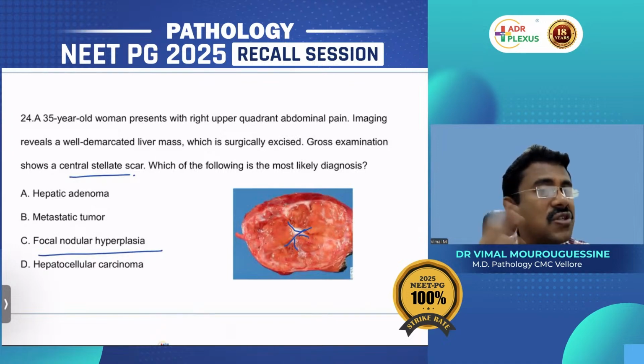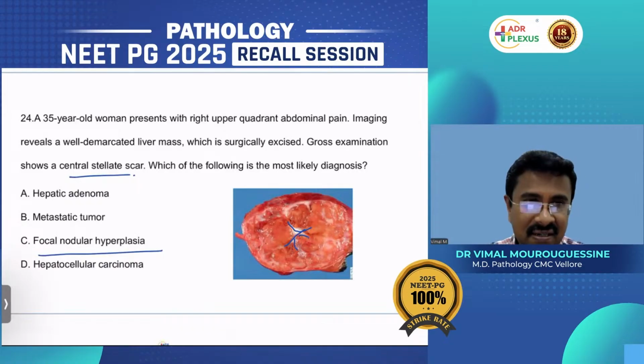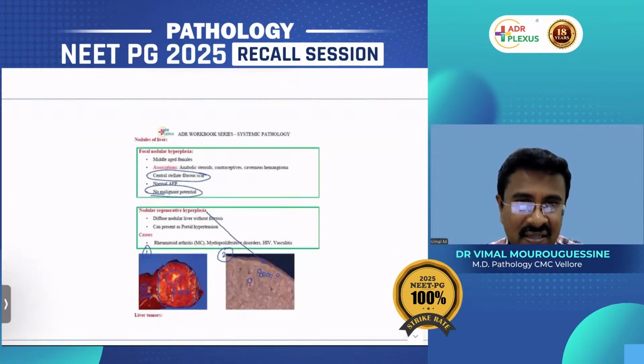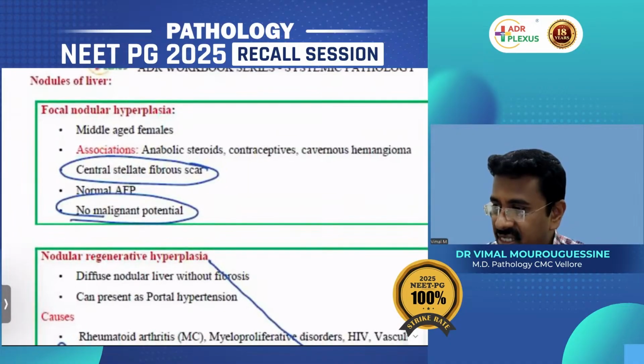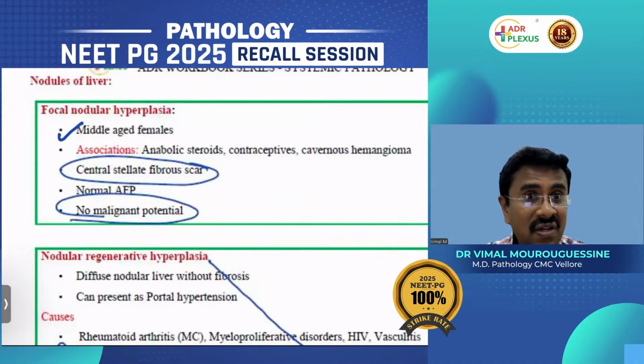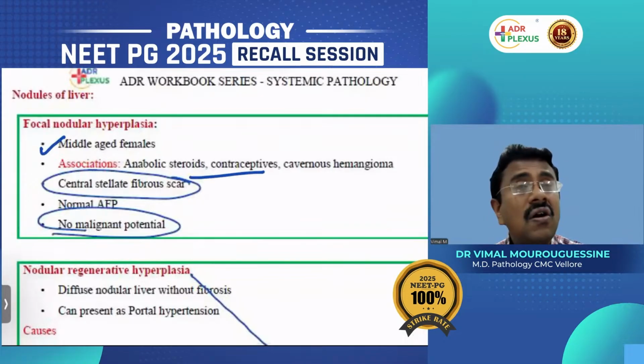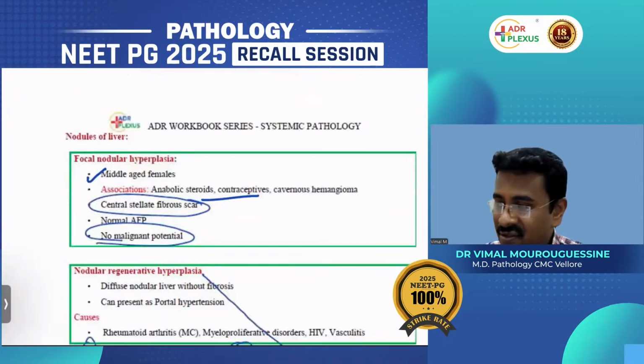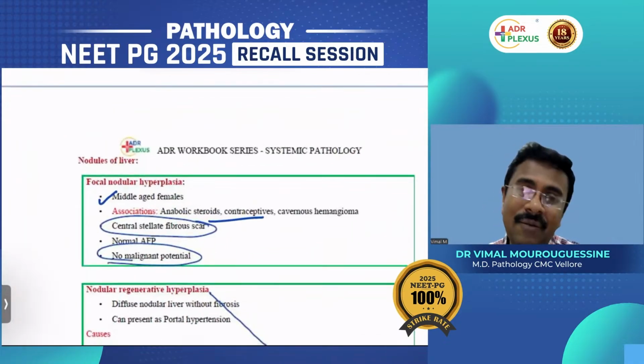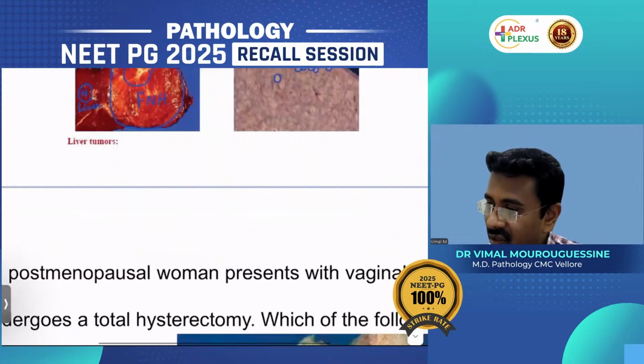The metastatic tumors are usually multiple, and adenoma also will not have this. So among the given options, FNH, that is focal nodular hyperplasia, is the characteristic one which has this central stellate scar. Remember, guys, we used to discuss this is seen in middle-aged females and also people who are taking anabolic steroids or contraceptives, with a normal alpha fetoprotein and no malignant potential.